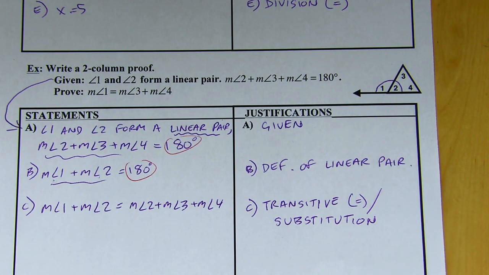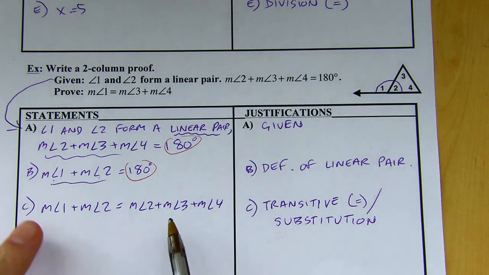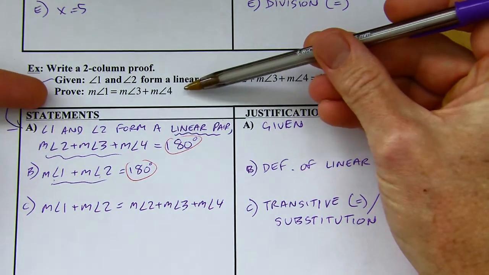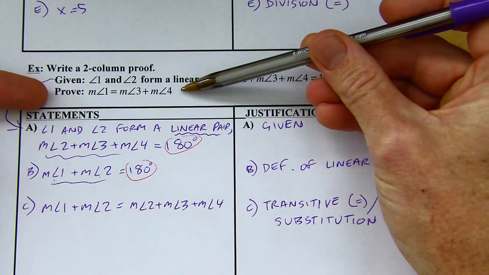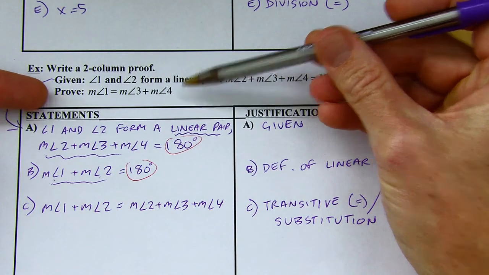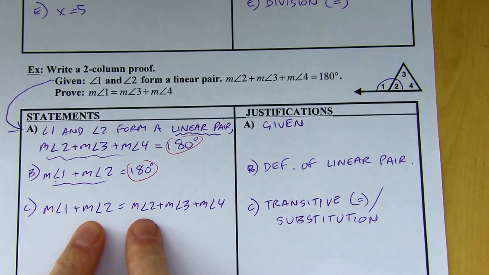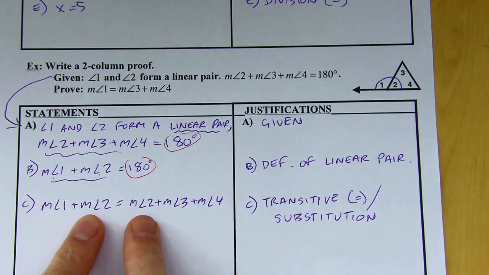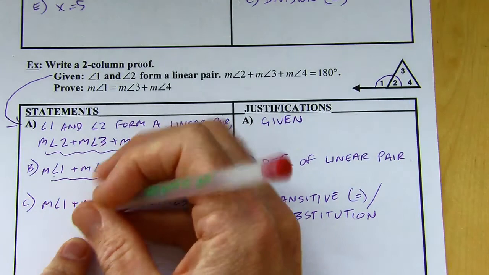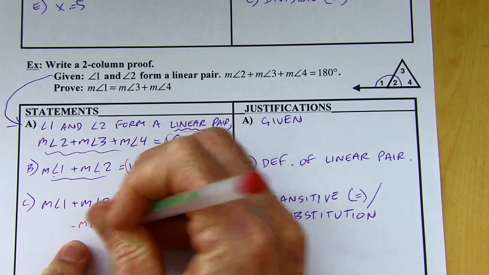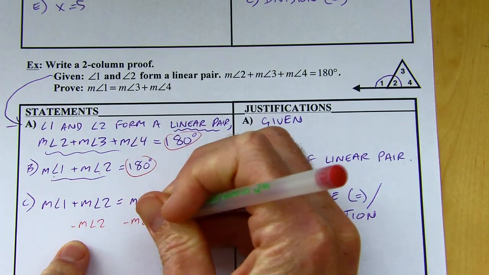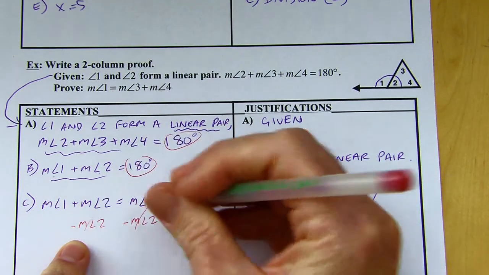Okay. And now I'm looking at this, it's starting to look a lot more like what I'm trying to prove. The only thing is there's no measure of angle 2 like there is here, but hey, I can get rid of those pretty easily because there's one of them on each side. So if I just subtract the measure of angle 2 from both sides of the equation, then I'll be in good shape, right?